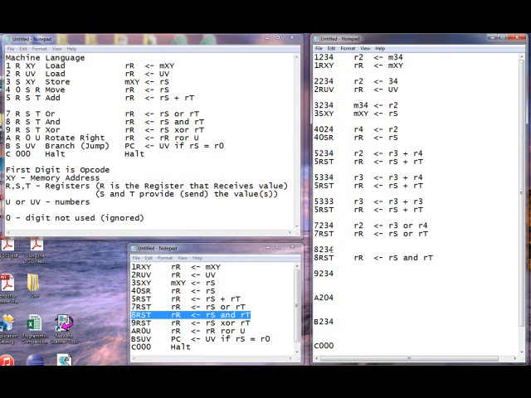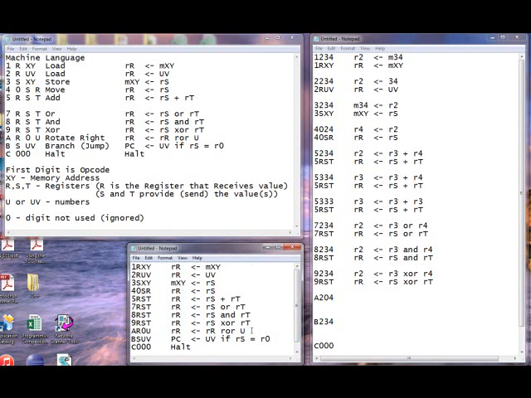So again, register 2 receives the value of register 3 and register 4. And the next one is an exclusive OR operation. And here register 2 receives the value of register 3 exclusive OR register 4.